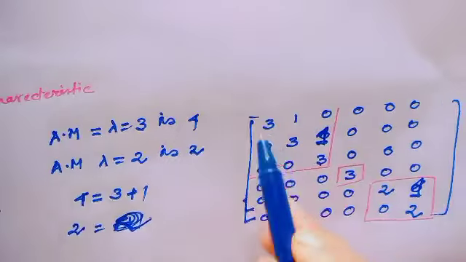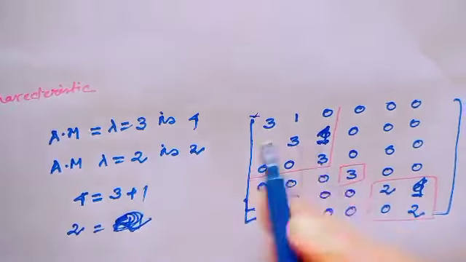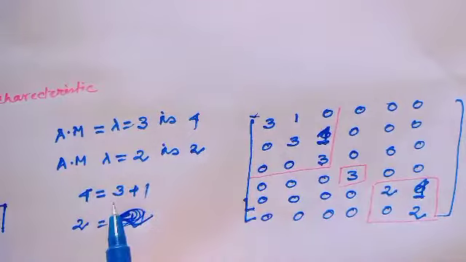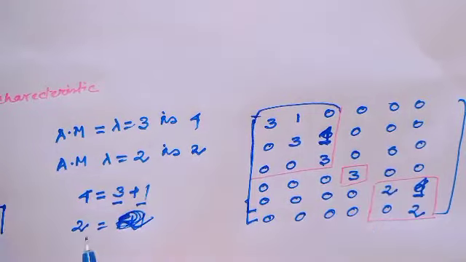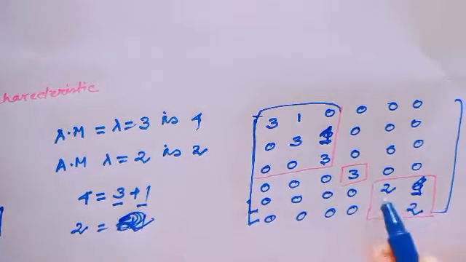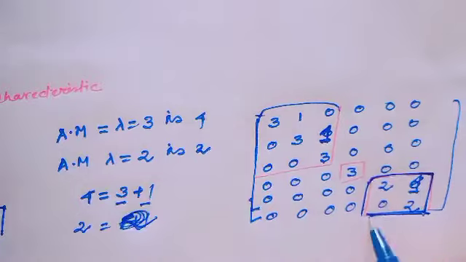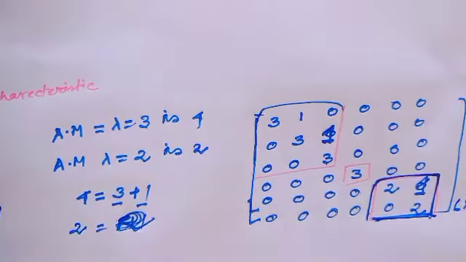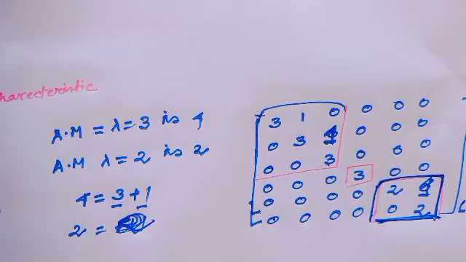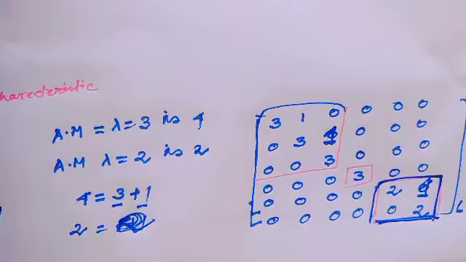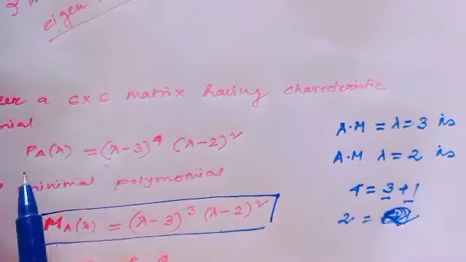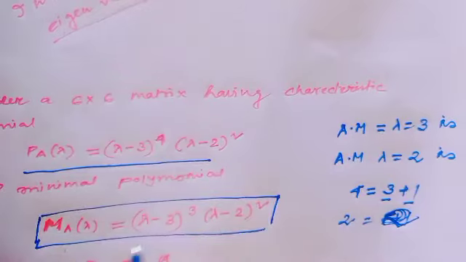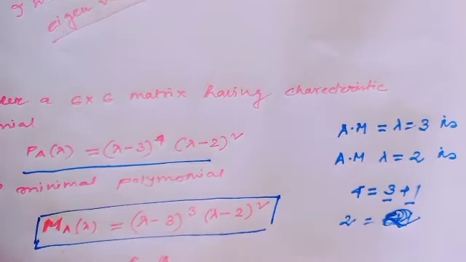Therefore the Jordan canonical form would be: for lambda equal to 3 there exists a 3 block and a 1 block, and for lambda equal to 2 there exists a 2 block. Are you getting it? And this is a 6 cross 6 matrix. Therefore, this is the Jordan canonical form of the matrix A, whose characteristic polynomial and minimal polynomial are as given.